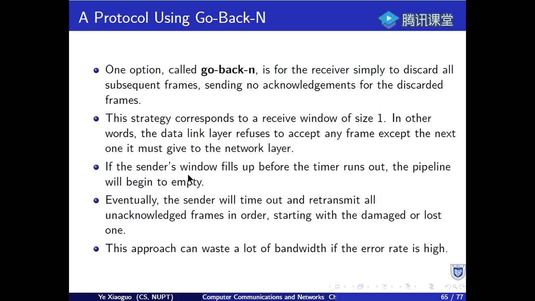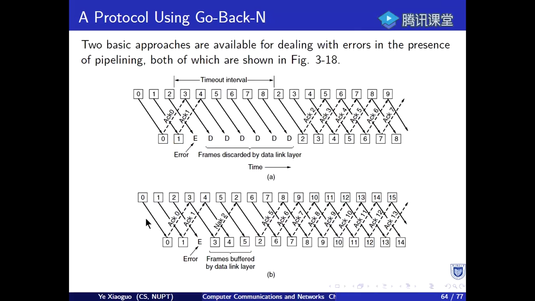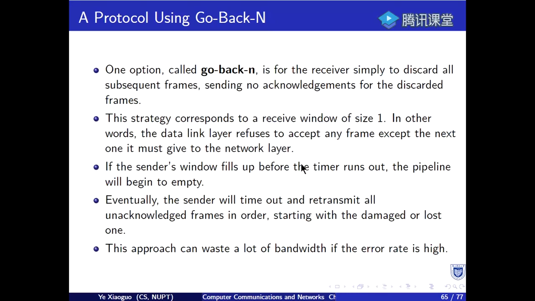This approach can waste a lot of bandwidth if the error rate is high, because many frames arriving normally after the error frame will be discarded. So if the error rate is high, this approach can waste a lot of bandwidth.